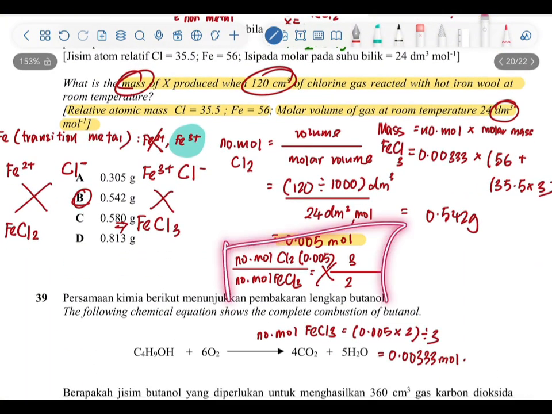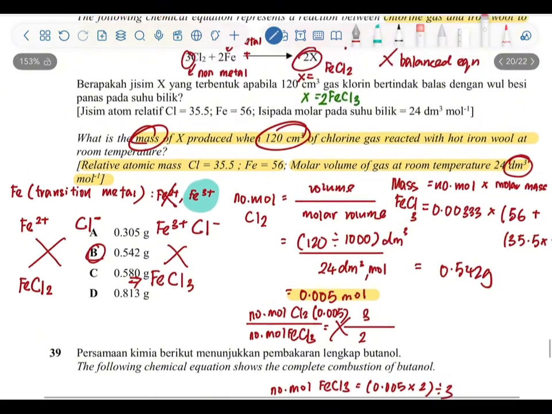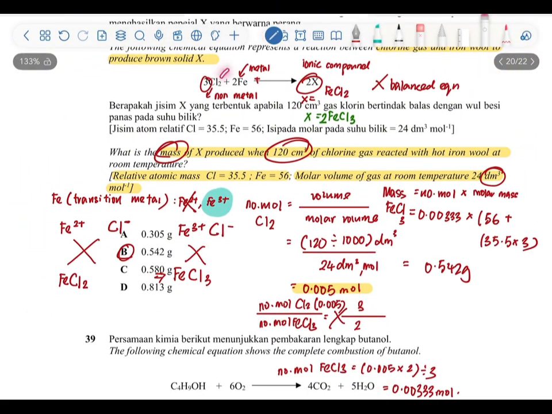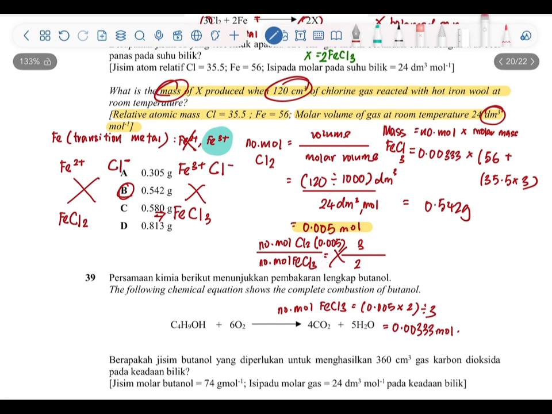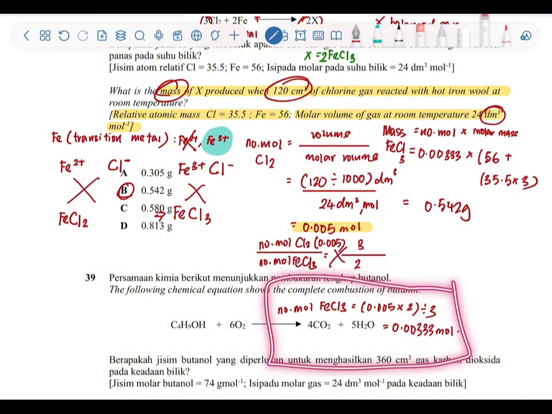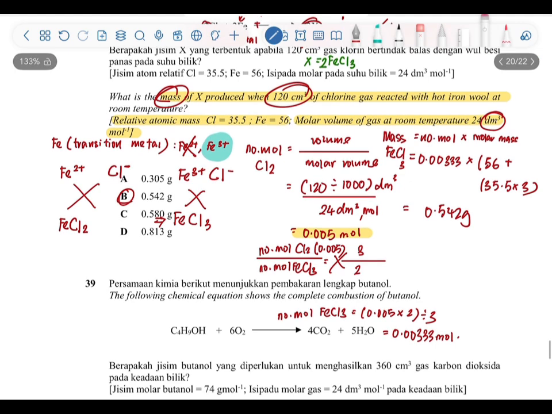So we write a comparison over here, which is the number of mole of chlorine equals 3 over 2. 3 is because from the equation we get 3, and then from the equation we get 2. The stoichiometric coefficient for FeCl3 is 2, and then we input it, then we will get the number of mole for FeCl3 is 0.0033 mole. So now, by comparison, we already get the number of mole for FeCl3.